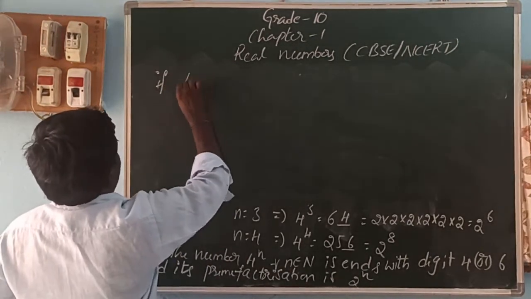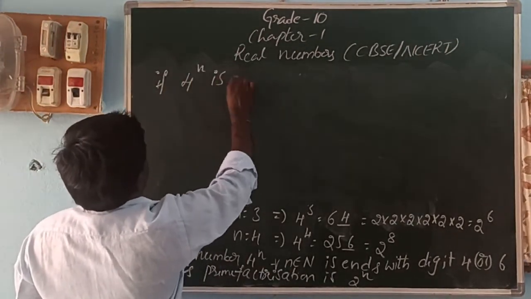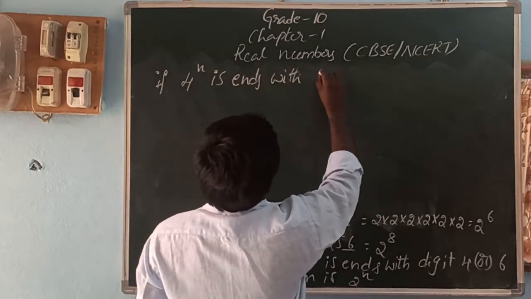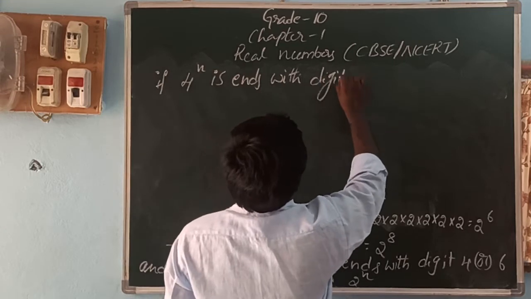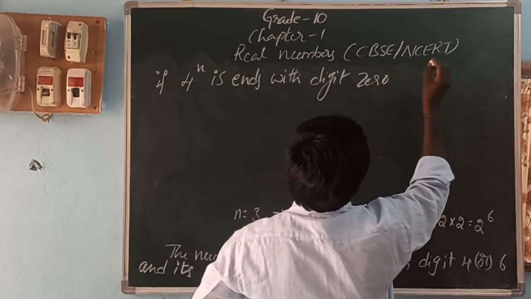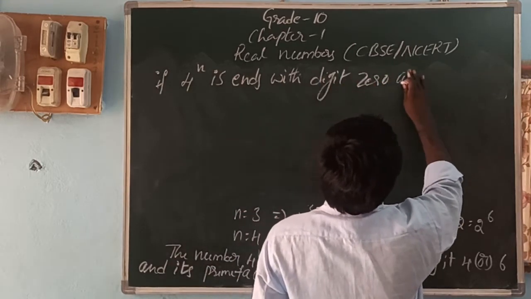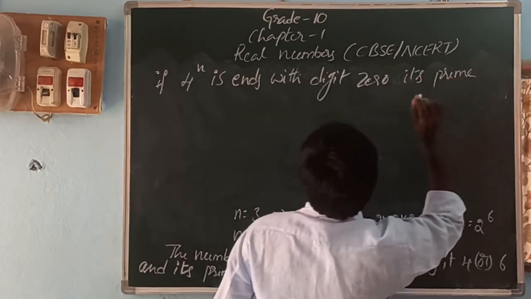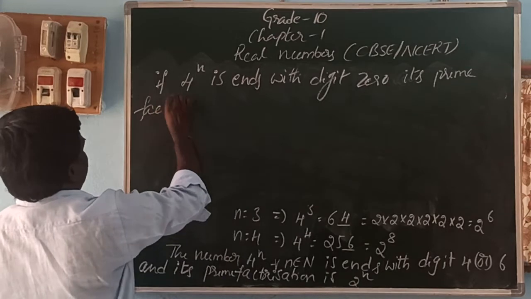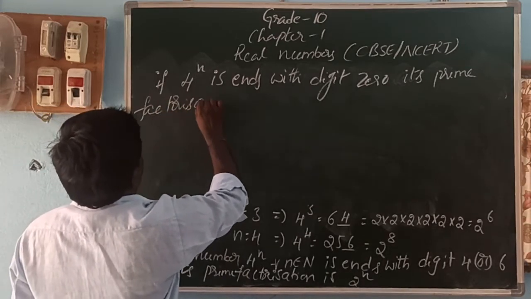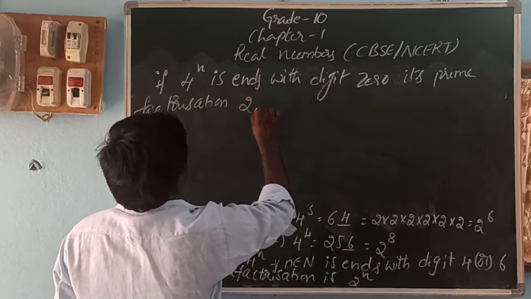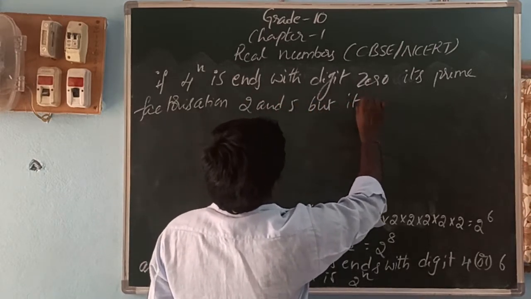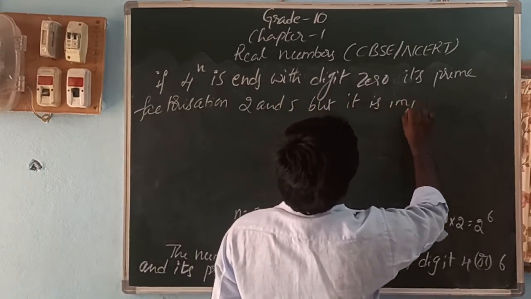If the number 4 power n ended with the digit 0, its prime factorization would have 2 and 5, but that is impossible.